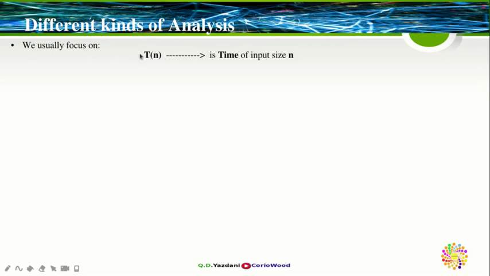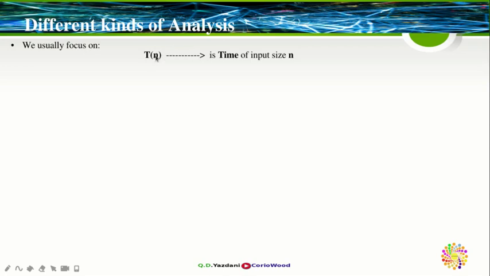We usually focus on T of n. You see this one, we pronounce as T of n, and T is the time of input size n. This little n is sitting here. You normally see this little n instead of the bigger N, as I previously showed you. The reason I showed you that is that I just wanted to introduce the size of the input, which we call n.